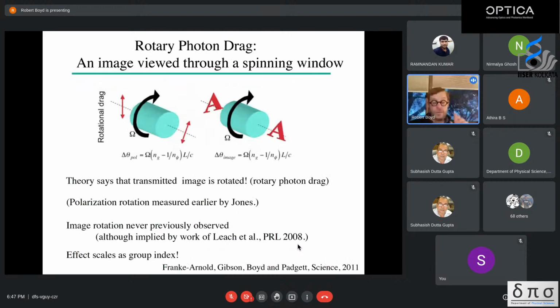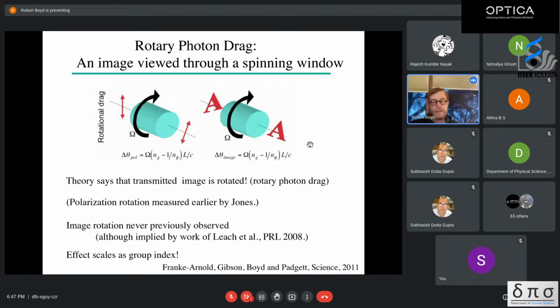Okay, so Miles Padgett, a good friend of mine in Glasgow, started thinking, well, isn't there something like rotary photon drag? We call this an image viewed through a spinning window. And this is something I would not have believed until I did the experiment. Here we have a glass rod. It is rotating.